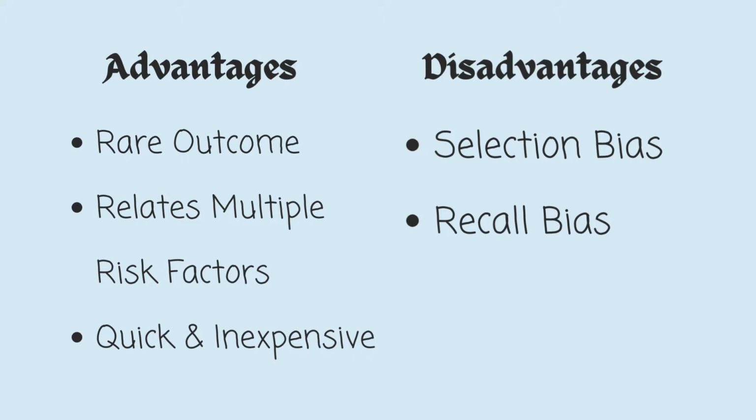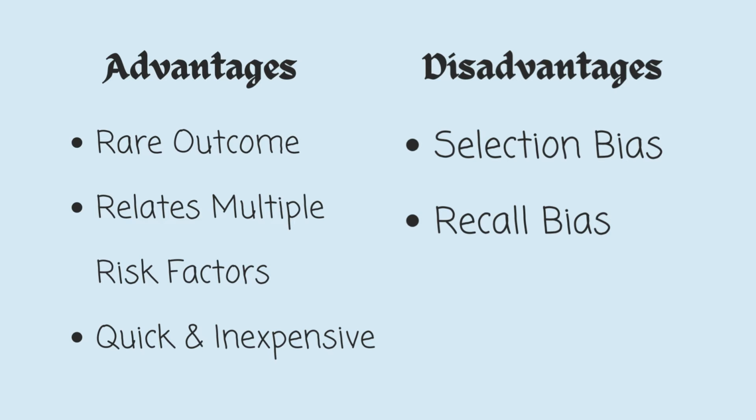The other common problem in a case control study design is recall bias, because individuals in the case control study have to recall all the exposures which occurred in the past. There can be error in the recalling.